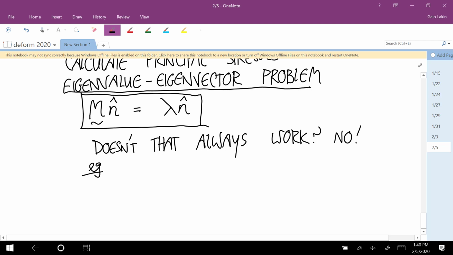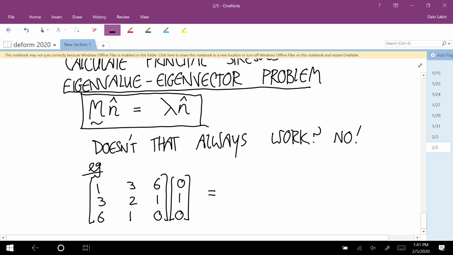For example, let's take this matrix 1, 3, 6, 0, 2. Let's even make it symmetric because we're going to be dealing with a symmetric matrix: 6, 1, 0. Multiply it by the vector 0, 1, 0, just to make it easy to visualize. The vector you get out is 3, 2, 1, which is clearly not in the same direction as 0, 1, 0.